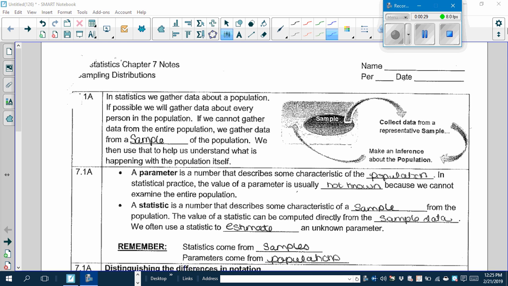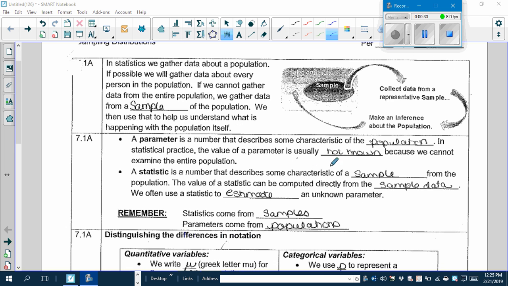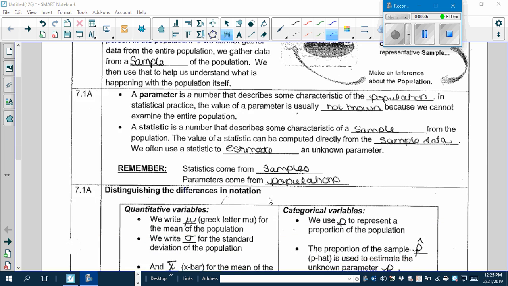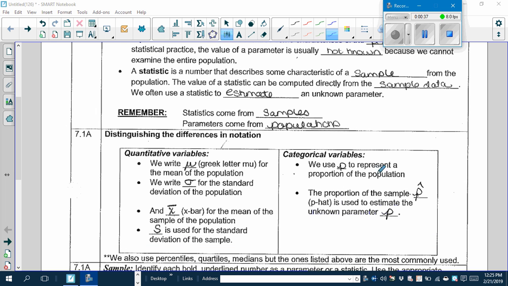Okay, so basically in 7.1, the big part was knowing the difference between a population parameter and a sample statistic, and understanding what we use for the population and what we use for the sample.